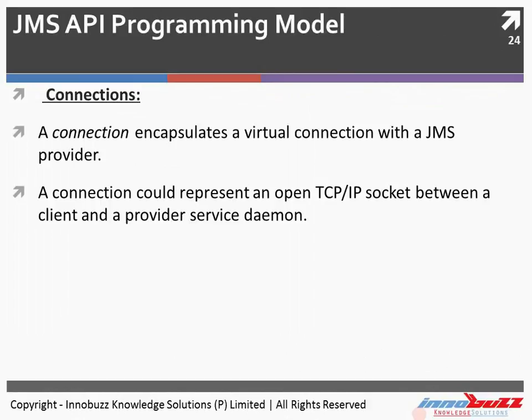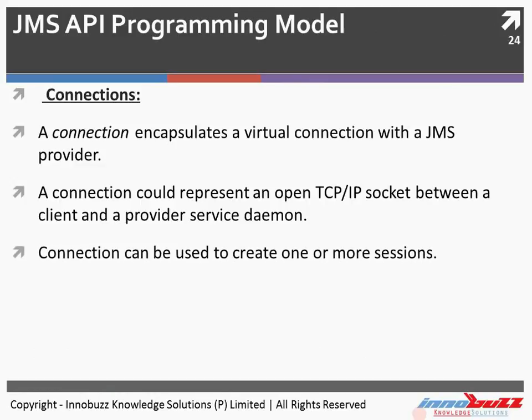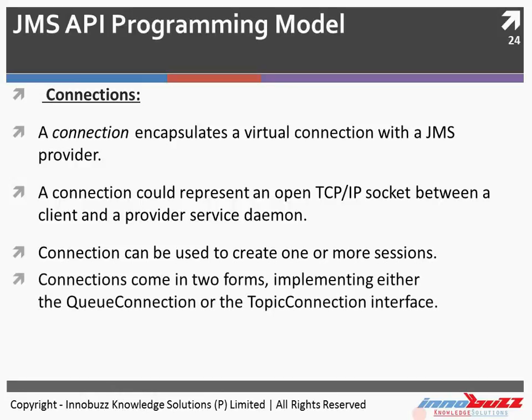Since it is accessing over the network, you may require these transfer protocols, TCP/IP. A connection can be used to create one or more sessions, as we have also seen in the architecture. Connections come in two forms, implementing either the queue connection or the topic connection interface.